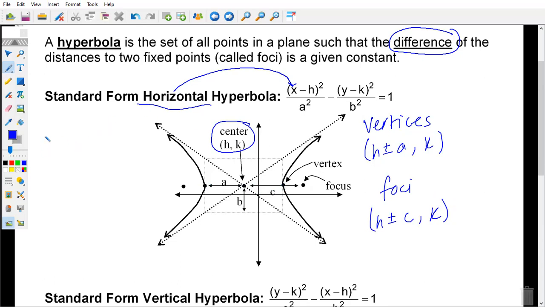All right, next is our asymptotes. Our asymptotes are our imaginary boundary lines that keep our hyperbola along that curve. To find your asymptote, it's going to be y equals k plus or minus b divided by a times x minus h.